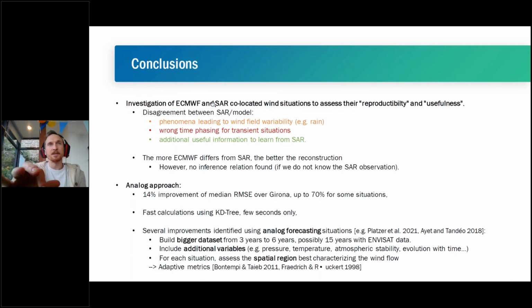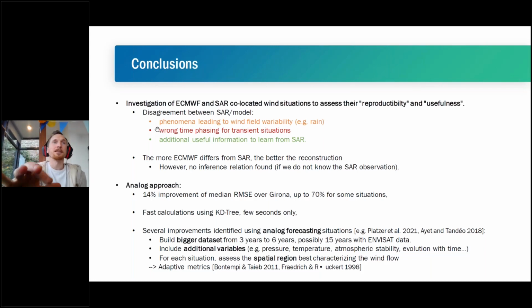So overall, the investigation of the ECMWF and the SAR collocated wind situations has looked at the reproducibility and the usefulness of this data set. It shows that some phenomena lead to additional wind field variability, like rain. Some cases that I just showed also show some strong time phasing issues, especially for transient wind situations.